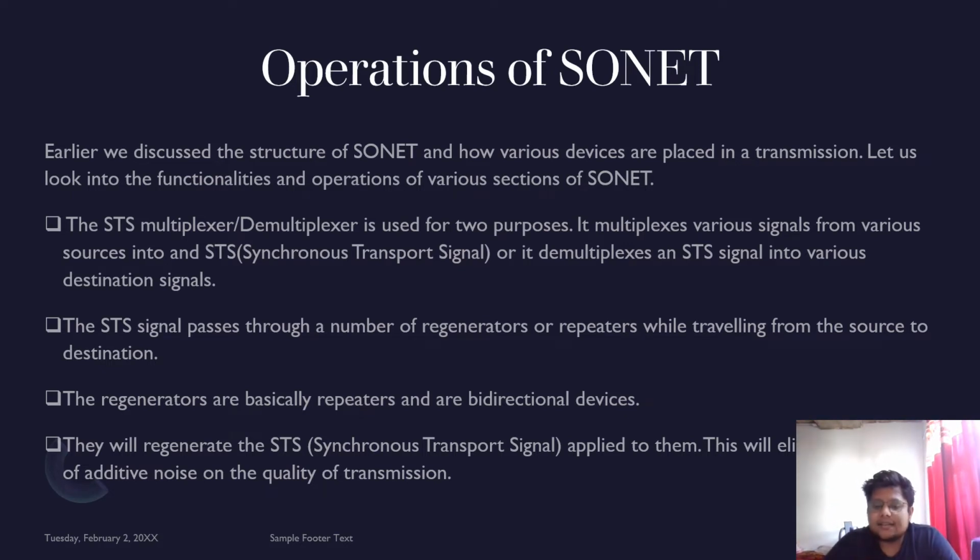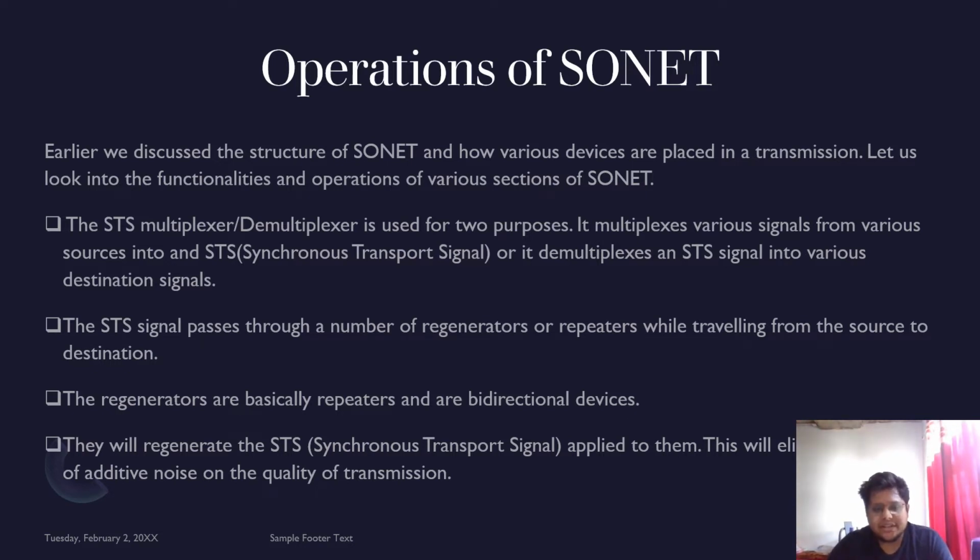The STS signal passes through a number of regenerators or repeaters while traveling from source to destination. This means that the number of regenerators you require to increase the transmission line distance can be used by you, considering the loss variance you will incur by increasing the regenerators. The regenerators are bidirectional, as they need to be, because you can easily switch the input and output in this SONET device.